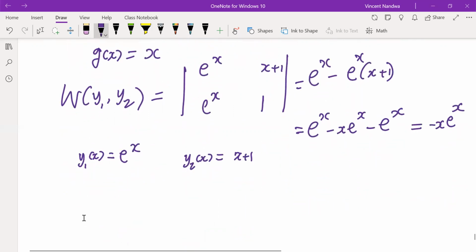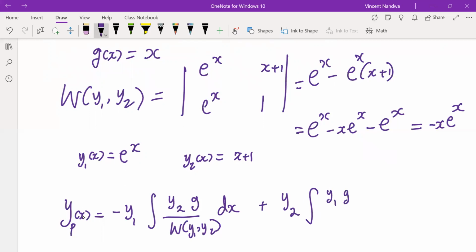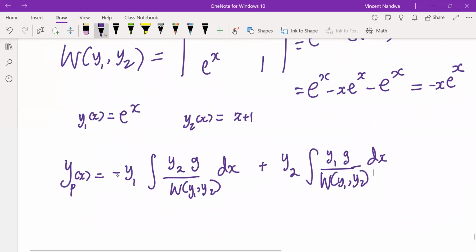Now, by definition, the particular solution is given by negative y1 integral of y2 g over Wronskian of y1 and y2 dx plus y2 integral of y1 times g over Wronskian of y1 and y2 dx. So replacing these values in this formula, the particular solution will be negative e raised power x integral of now y2 times g.